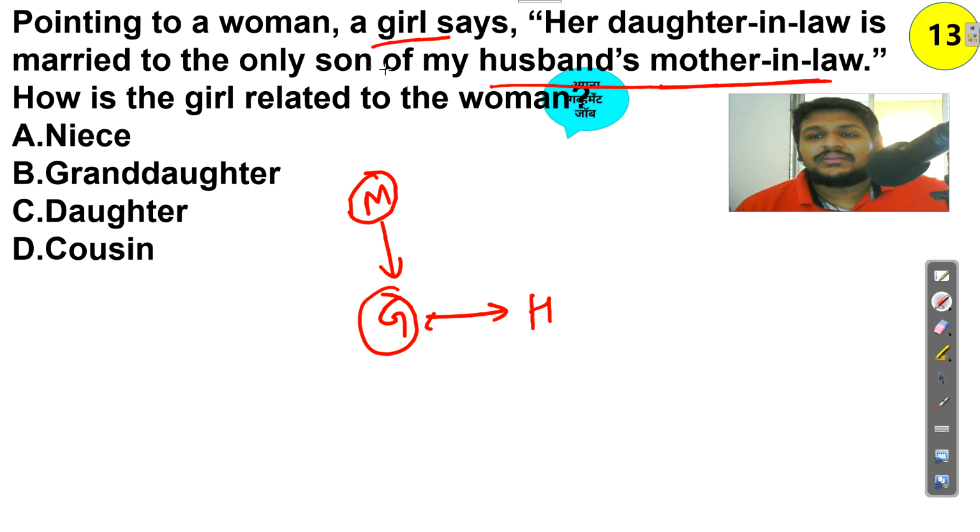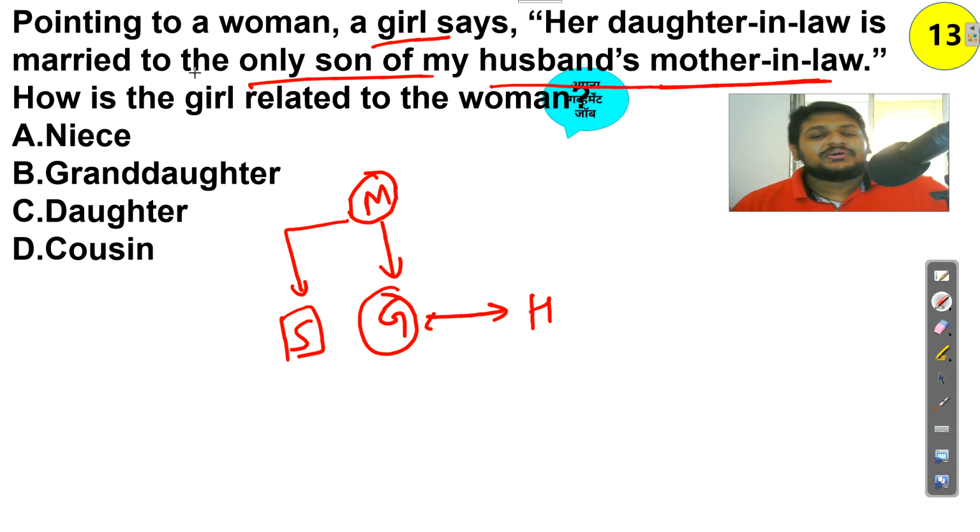Then what is given? Only son of my husband's mother-in-law. Here one son is there, which is the only son. So this is also covered. Then her daughter-in-law is married to the only son, meaning that woman's daughter-in-law.